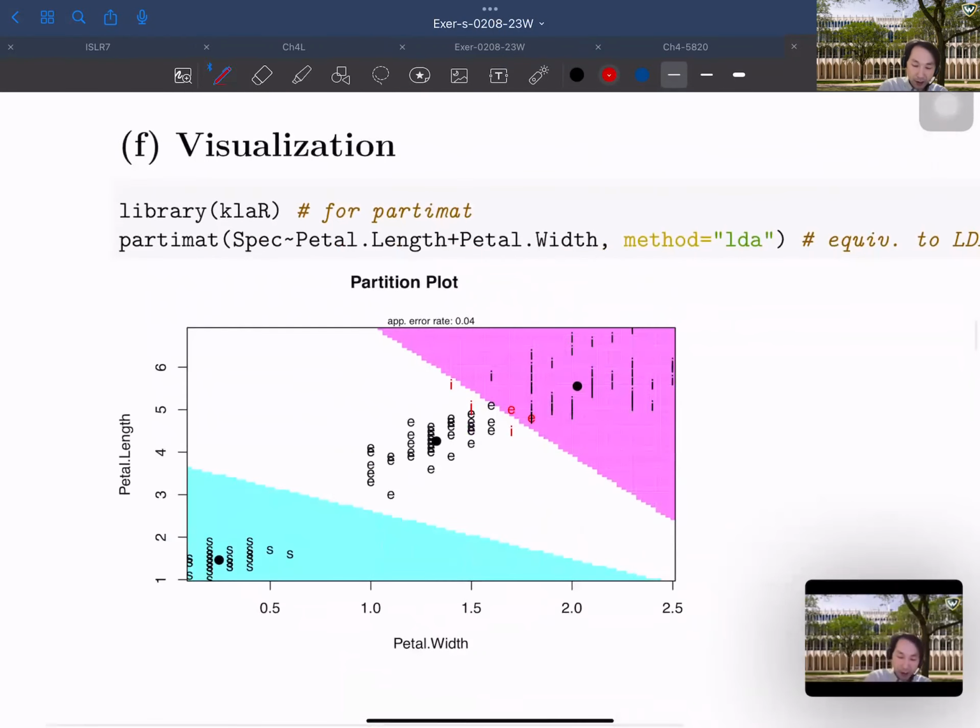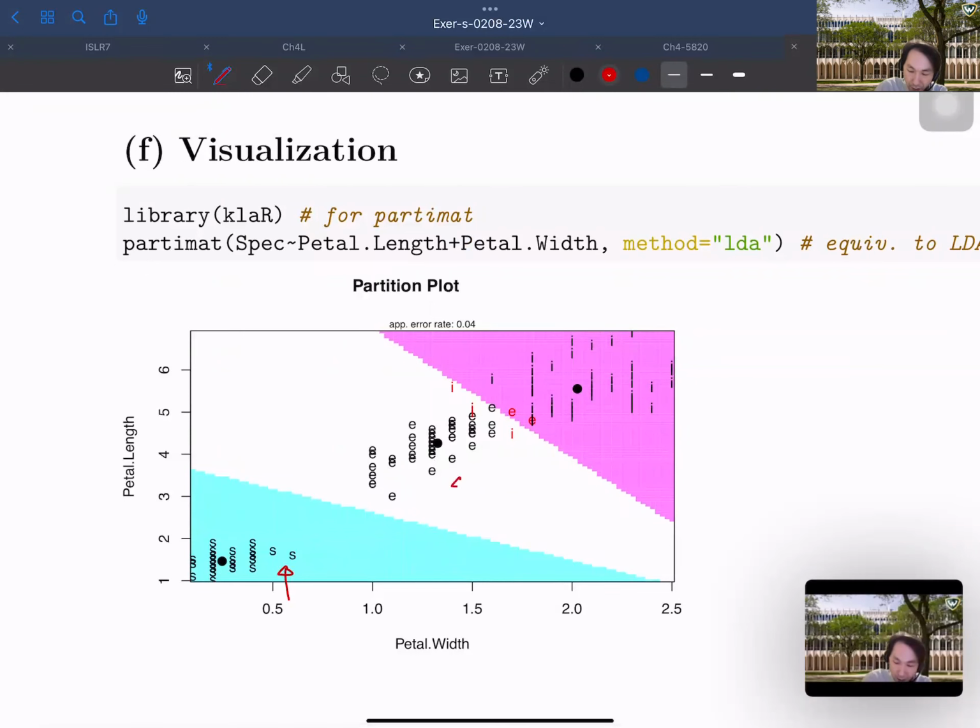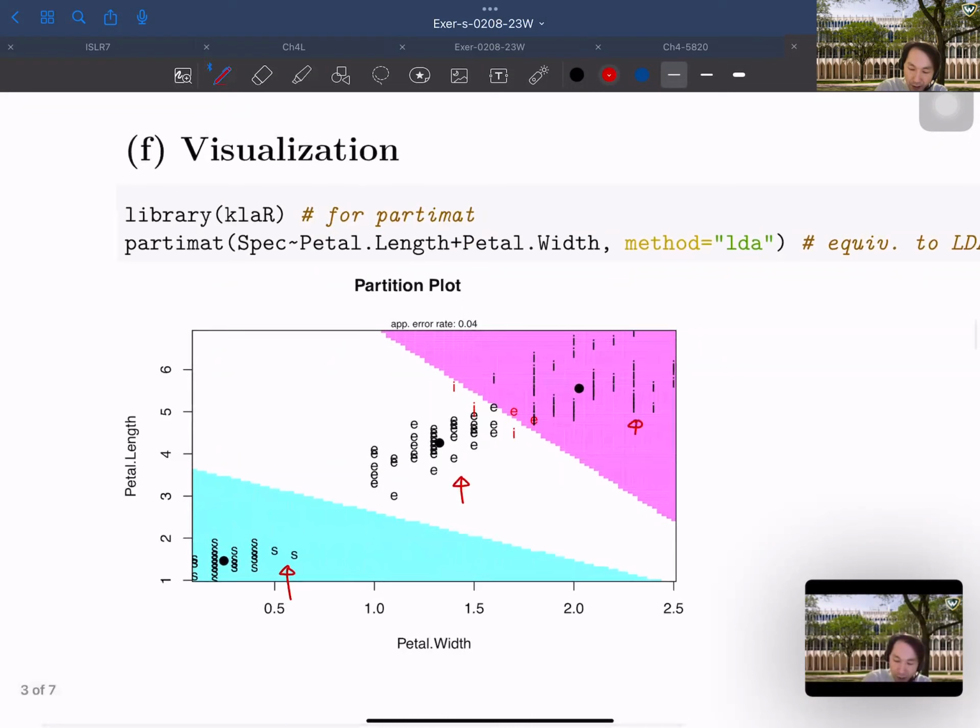You can see that these 3 classes are distinguished by letter: the 3 species Setosa, Versicolor, and Virginica. The pale blue, white, and pink are the estimation result by LDA.